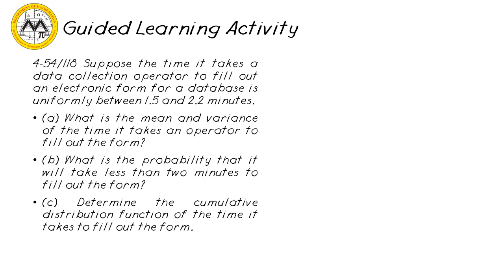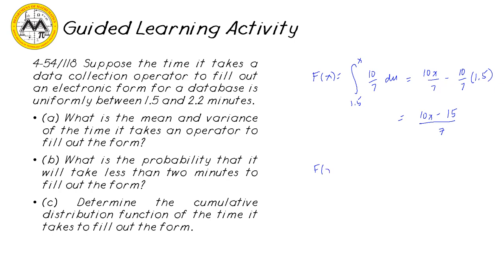For the cumulative distribution, f of x is the integral of 10 over 7 du from 1.5 to x. So that's 10x over 7 minus 10 over 7 times 1.5. So that's 10x minus 15 all over 7.